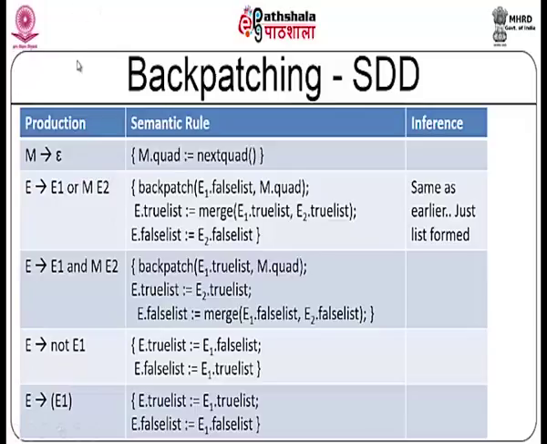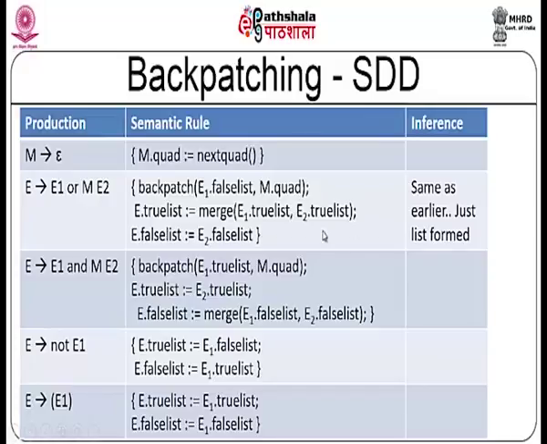Now, this is similar to the previous one, but here I am going to create a list. So, what do we already know? If E1 is true, then the expression itself is true. If E1 is false, then I have to evaluate E2. So, I will create a function called merge, which is going to merge the true list of E1 and the true list of E2.